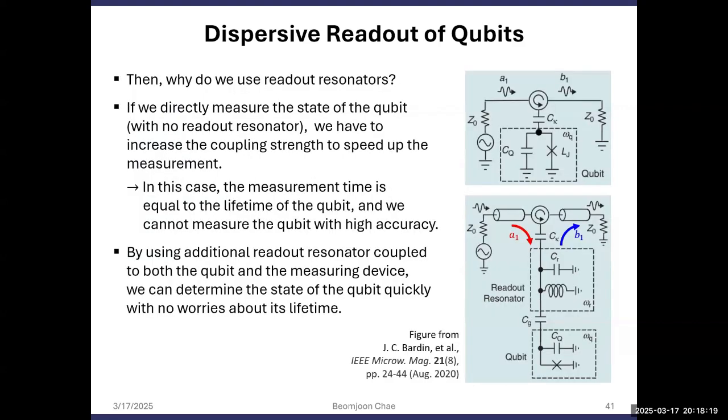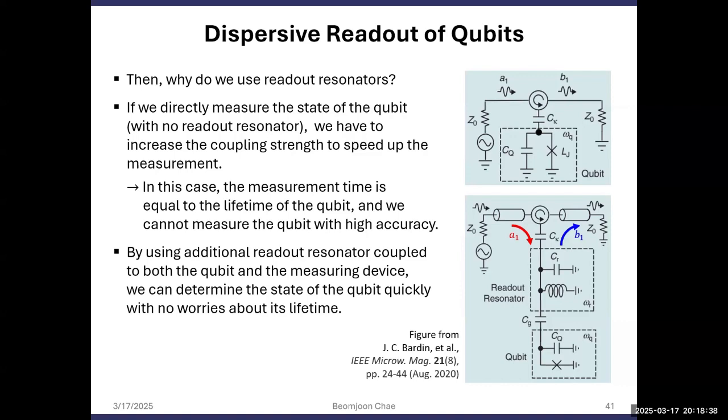Then why do we use readout resonators? If we directly measure the state of the qubit with no readout resonator, we can imagine the figure on the top right of the page.